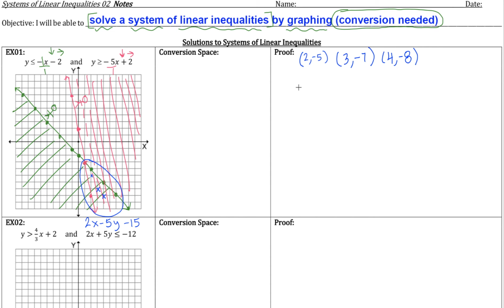First inequality: y is less than or equal to negative x minus 2. We'll use this x and this y. So x is 2 and y is negative 5.